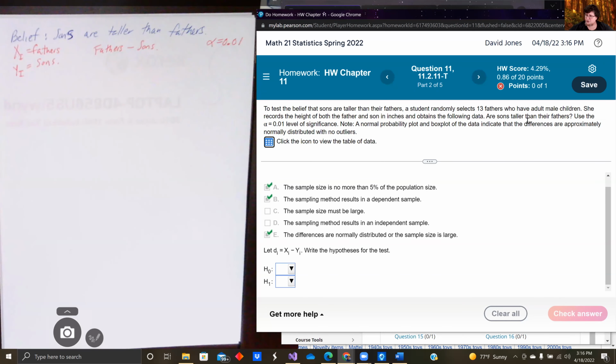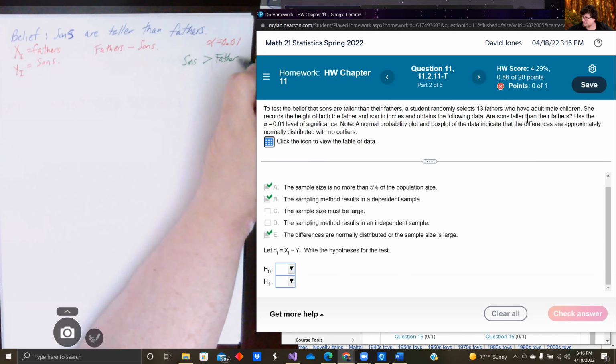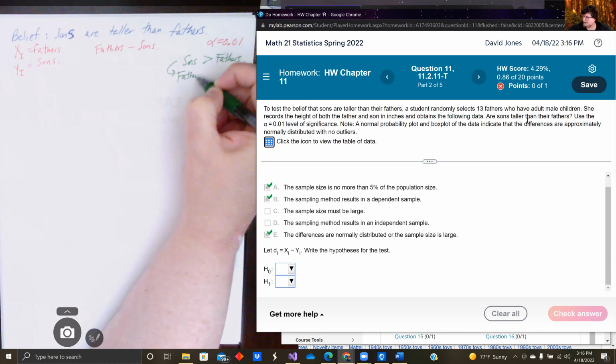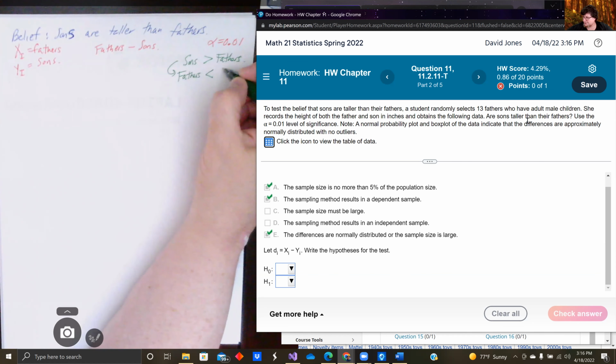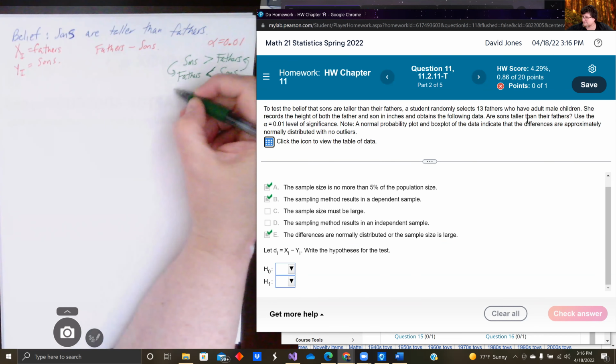So sons are taller than fathers. If I were to write that, I would say sons are taller than fathers. Alternatively, I can flip this around and put fathers on the left and say fathers are shorter than sons. These are interchangeable. I think I'm going to go with this one because I like subtracting from right to left for some reason.